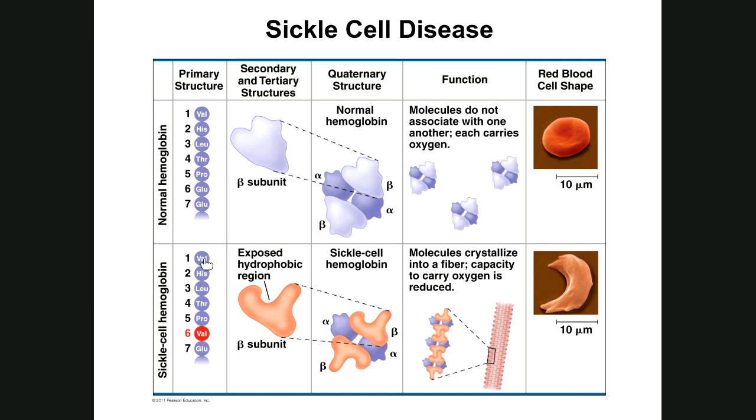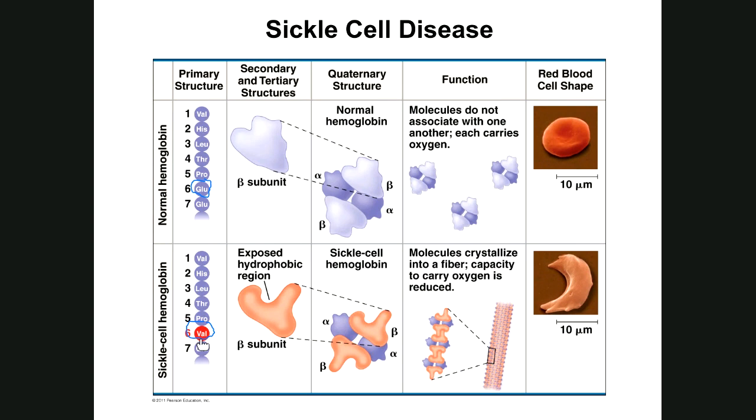for those individuals that have inherited a mutation in both beta globin genes from their mom and their dad, when gene expression occurs and translation occurs, the second step, we end up with a polypeptide that has the amino acid valine instead of the amino acid glutamate. Remember, this is all starting from a single base mutation. That single base mutation leads to a mutation in the polypeptide.